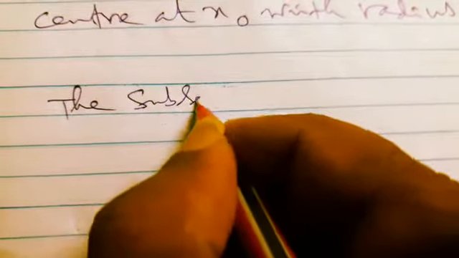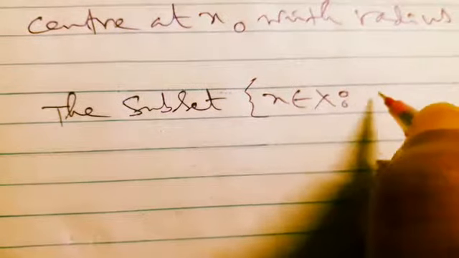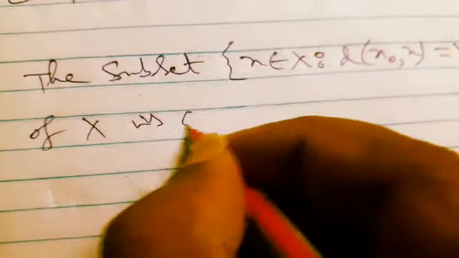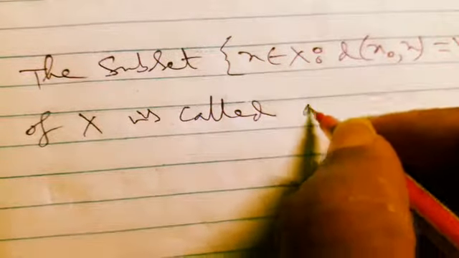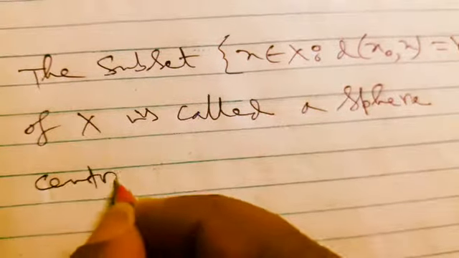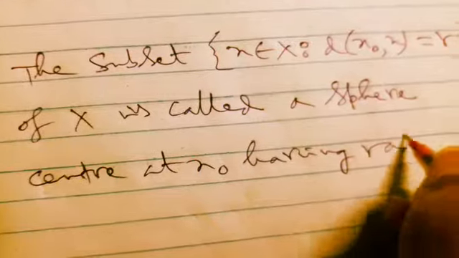And the subset of the sphere: if we call the subset of x belonging to capital X such that d(x0, x) is equal to r, then it is called a sphere centered at x0 having radius r.